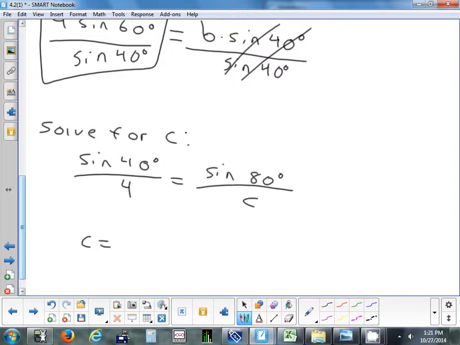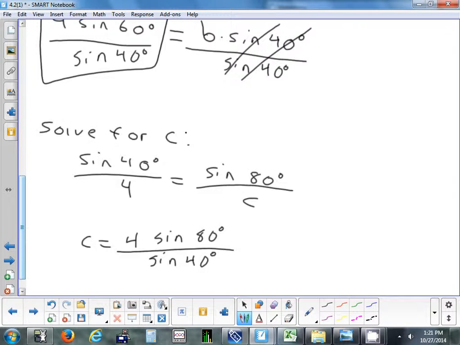Okay, and let me show you a shortcut for doing the cross multiplying. C is going to be 4 sine 80 divided by sine 40. If you did that out and showed everything, you'd have 4 sine 80 equals c sine 40.